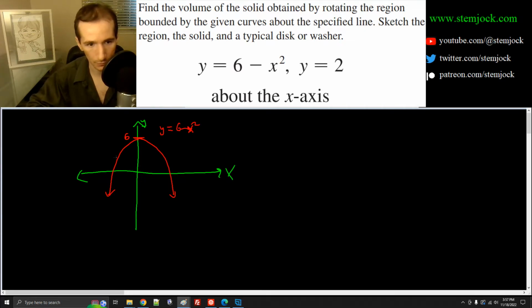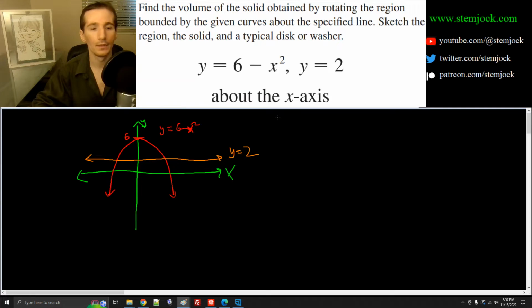That's just going to be a straight horizontal line that goes indefinitely to the left and right. This is y equals 2. And that's it. So the area that's bounded between these two curves is this part right over here.